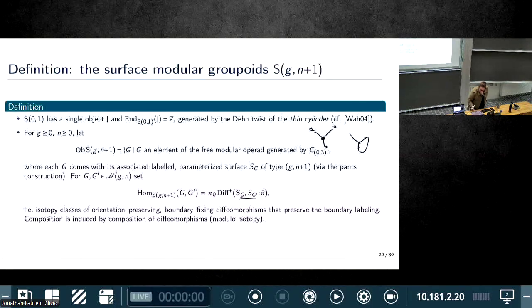Yeah, so there's actually, and I debated putting this slide in here, we're very strict about how in genus 0 arity 3, we actually only want to have precisely 2. And so we take a quotient. We take the free modular operad generated by 2 things, where the cyclic group acts trivially on them.